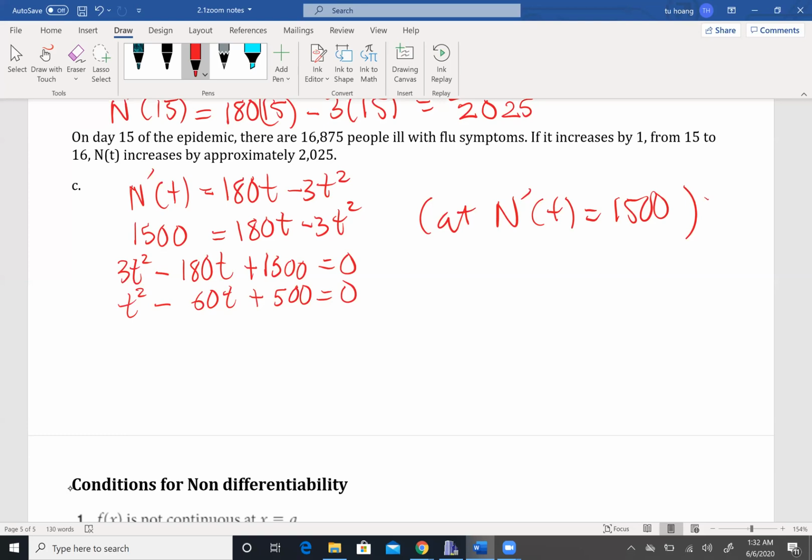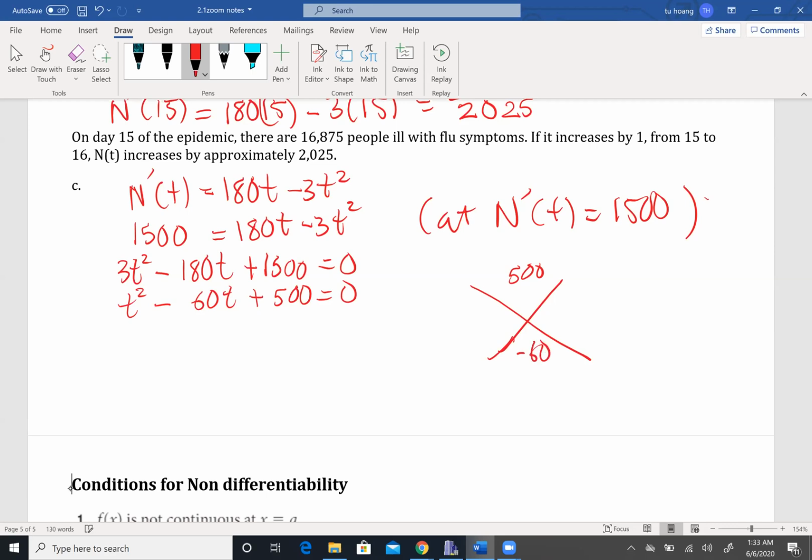Now for this solution, you may use one of 3 methods from college algebra: AC method, completing the square, or the quadratic formula. I usually like to apply the AC method first because if you can factor, then you solve it very quickly. So A times C equals 500 and B equals -60.